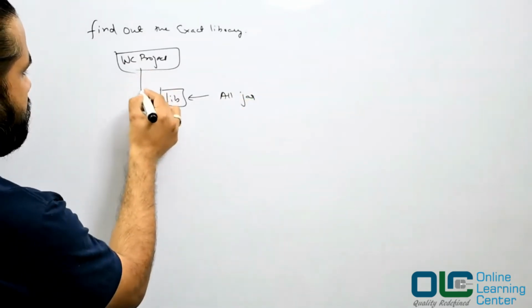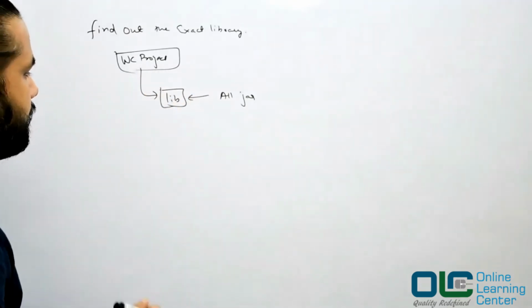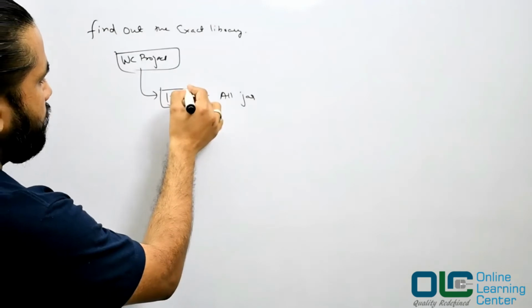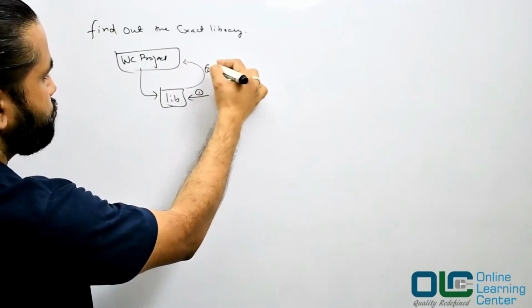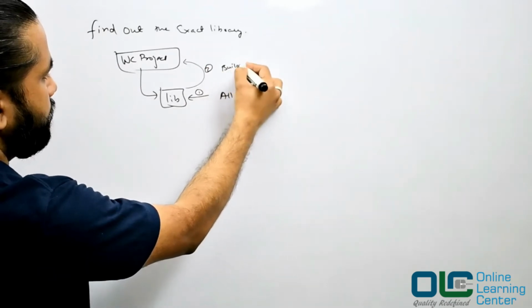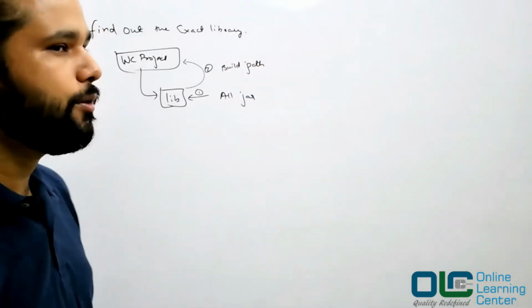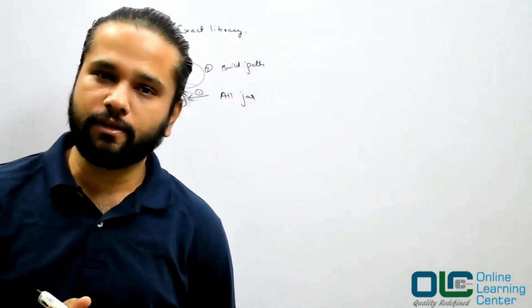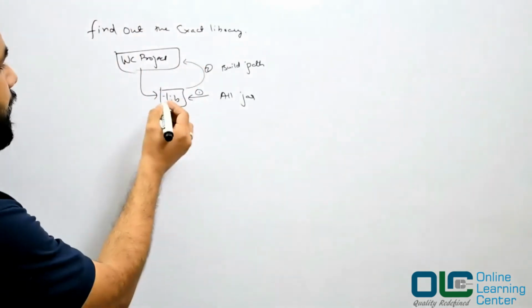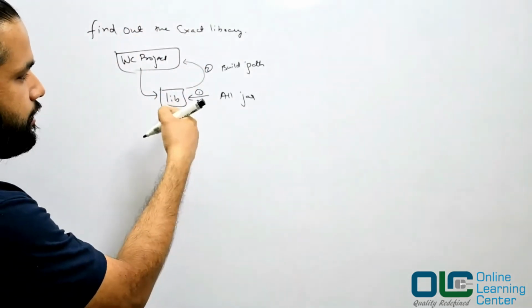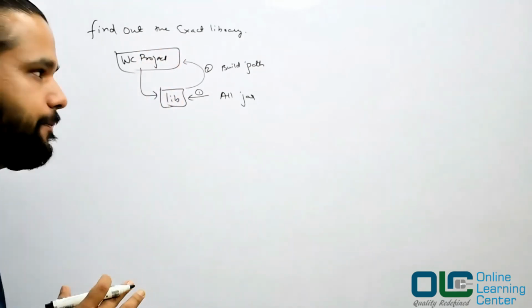The first thing, we added all the possible jars in our lib, and then we added all of them into the build path. Adding to the build path means making it visible to Eclipse. Just adding a jar here will not make it visible; you have to add it to the build path. We saw that yesterday.